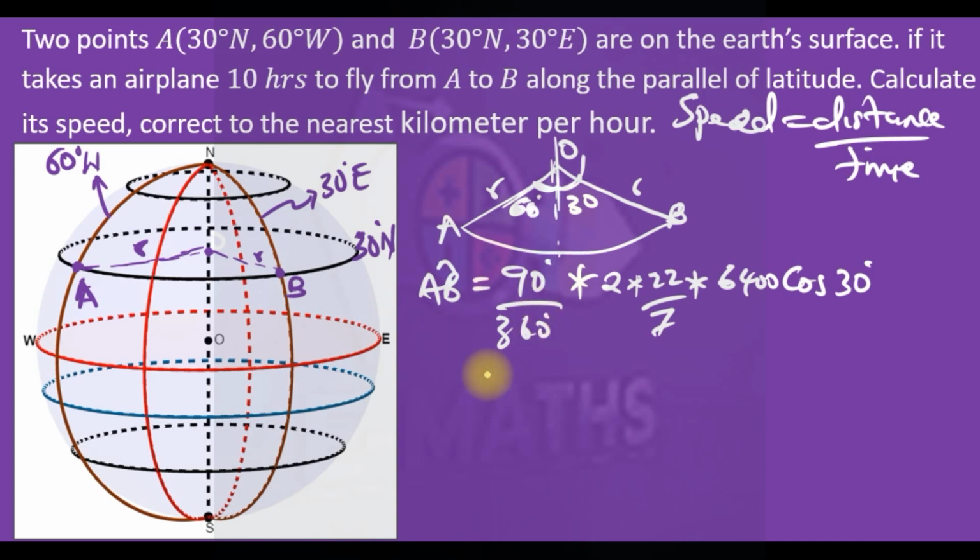So 90 over 360 is 1 over 4, so this is a quarter. Times 2 times 22 over 7 times 6,400. Cos 30 is root 3 over 2.